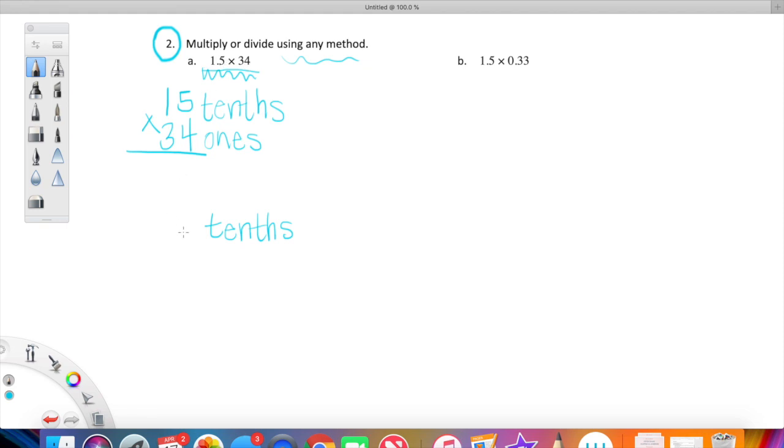Our final answer is going to be in tenths. I'm going to need you to transfer that unit form into standard form, which is just the number. So let's look at 4 times 5, which is 20. And 4 times 1 is 4, plus 2 is 6.